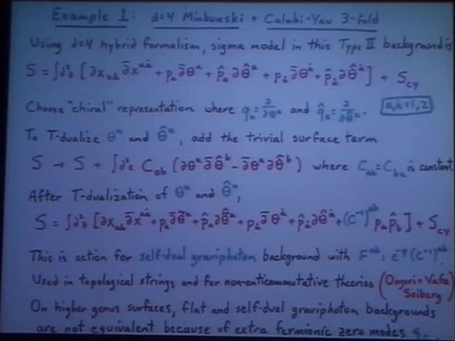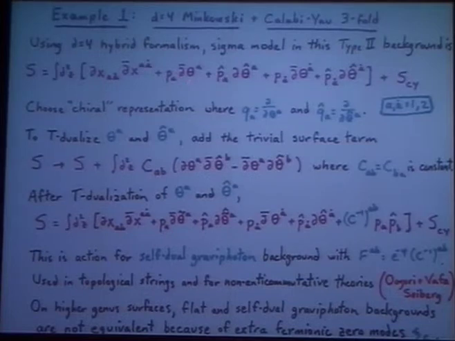applications. Okay, so for this case here, instead of using the Green-Schwarz sigma model, it's convenient to use the D equals 4 hybrid formalism. That's very well suited for describing this type of background. And if you have flat D equals 4 Minkowski, the sigma model action in this background is quadratic, so it's trivial to quantize.